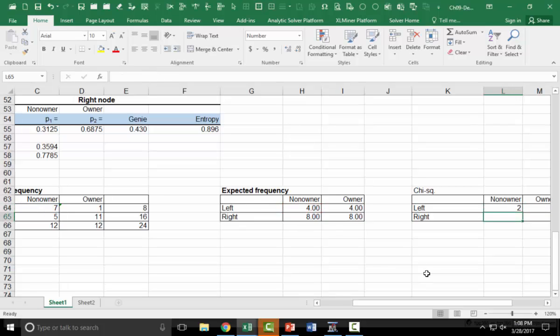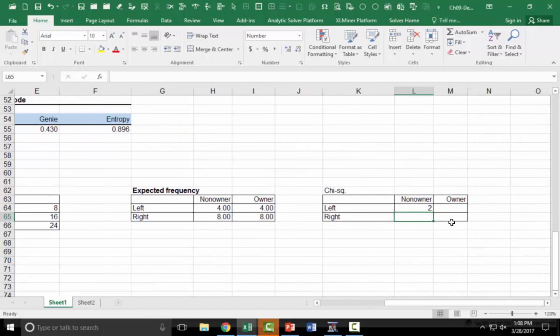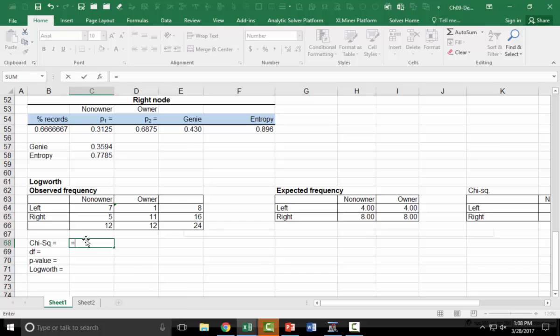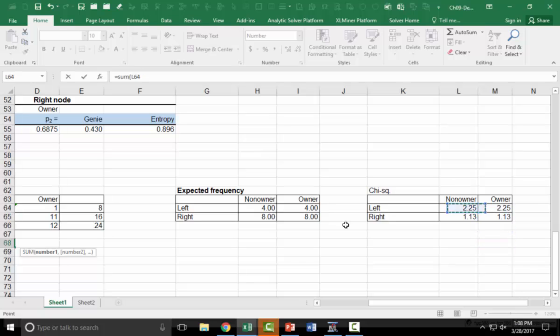So that will give us the chi-squared for each cell. Copy across and down. All right. So now you sum all of that. You get the total chi-square value.